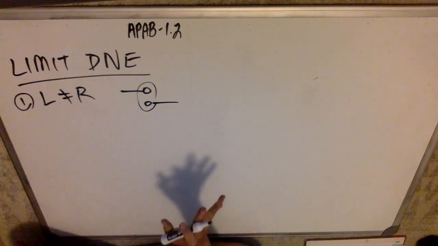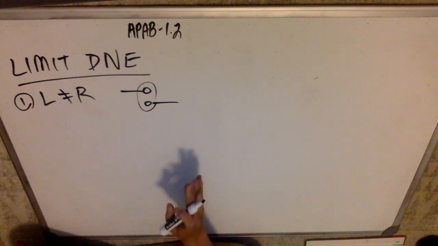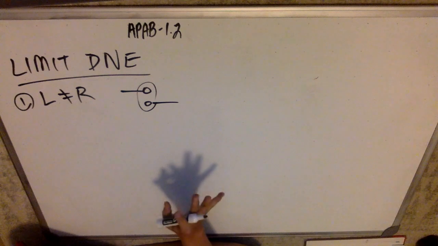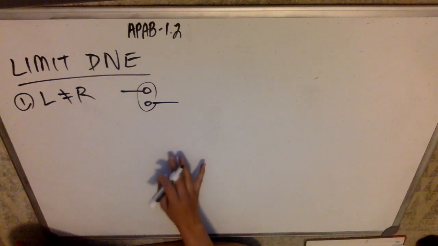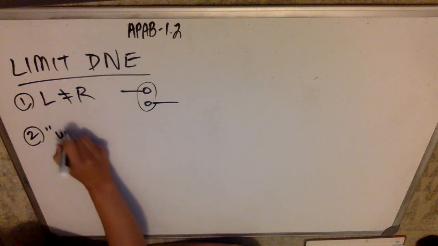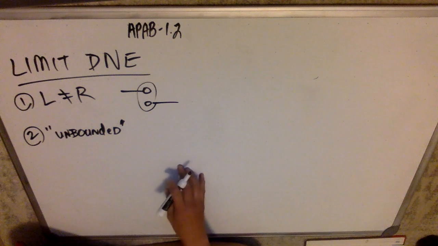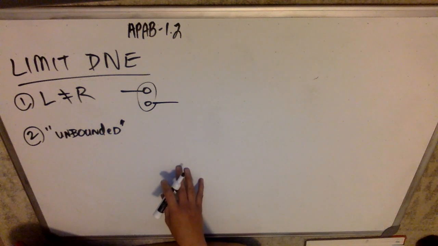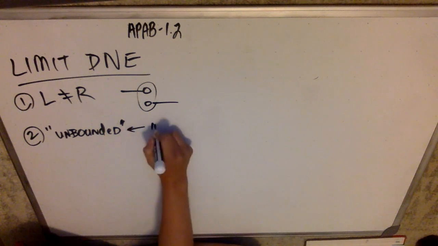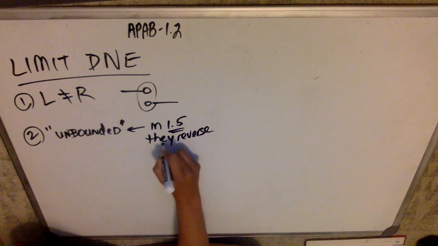Now, your textbook in 1.2 is actually going to tell you that if a limit goes to infinity, it doesn't exist, and I'm going to argue that that's actually not true. They're going to argue that, and I don't agree with it. They're going to talk about unbounded limits, right? Because they're going to tell you that a limit means you go to a finite number. But the trick is that in 1.5, which we're going to do in a couple days, they kind of reverse this statement.